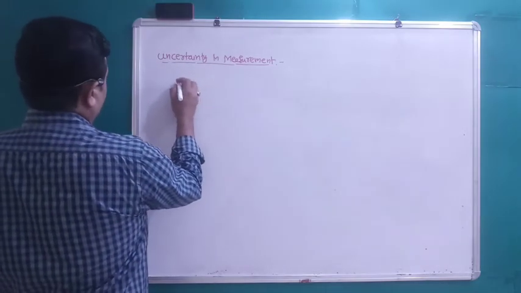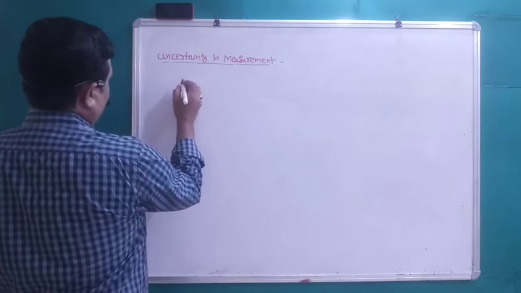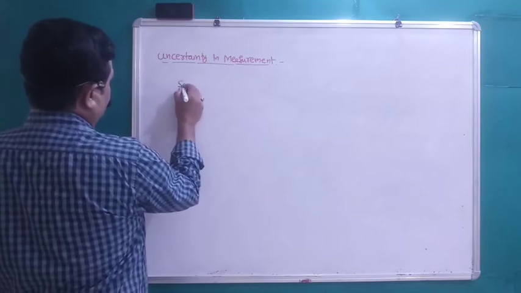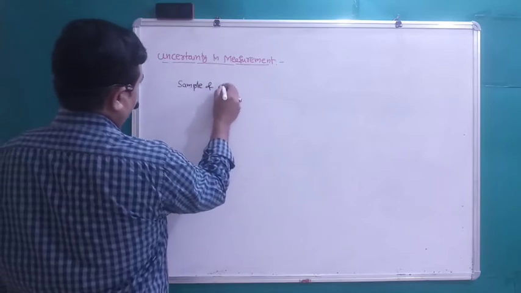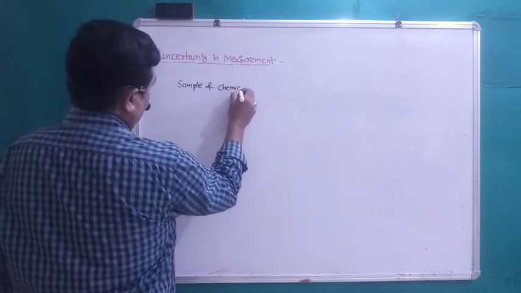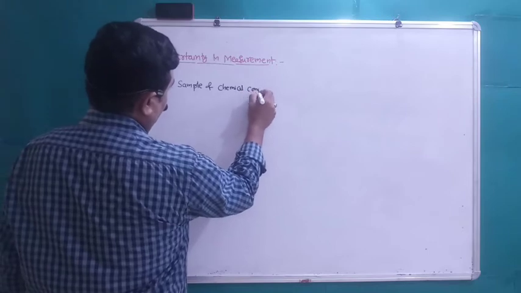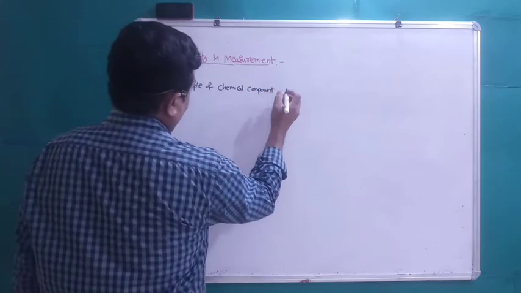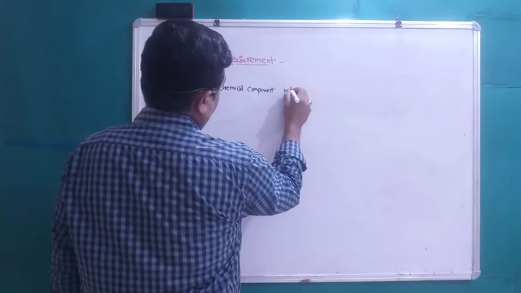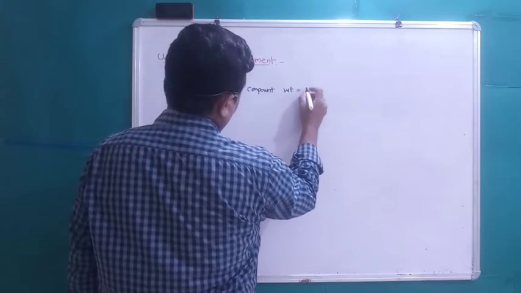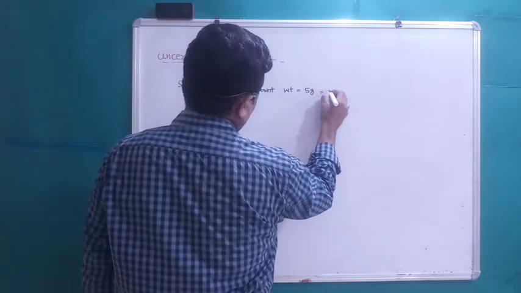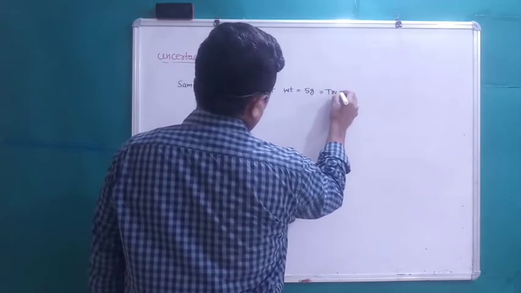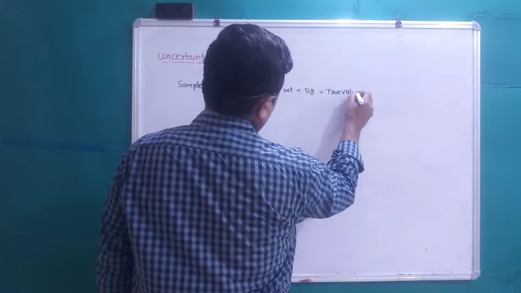Assume a sample of a chemical compound is given. The weight of the sample is 5 grams. This is the true, exact value.